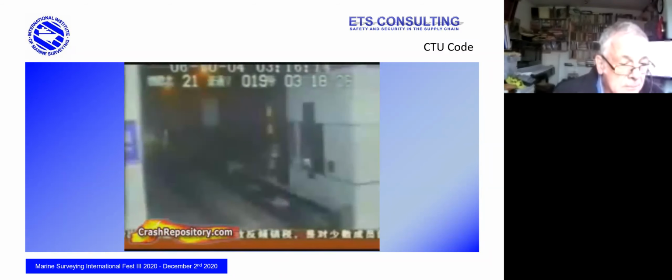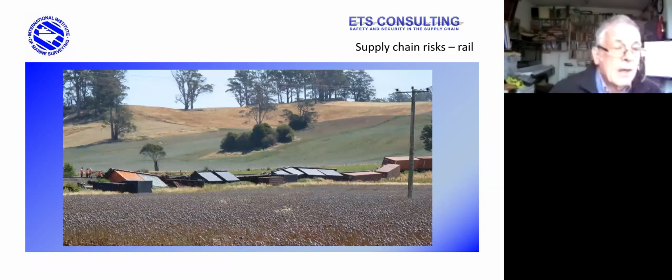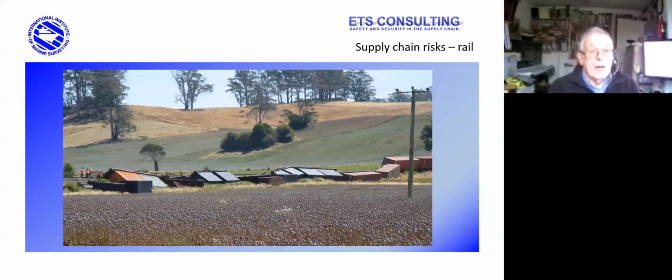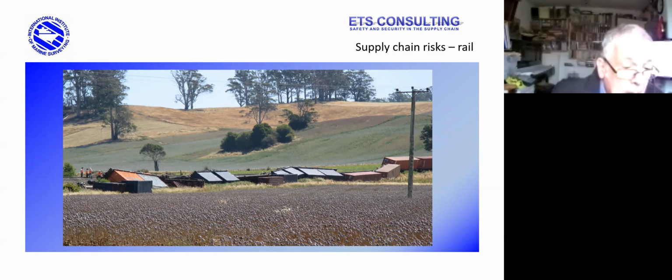So that last video was obviously from a container or a CTU holding steel coils approaching a toll booth, and the lashing and securing of the cargo was totally insufficient.